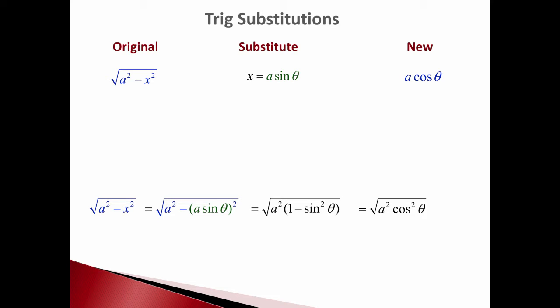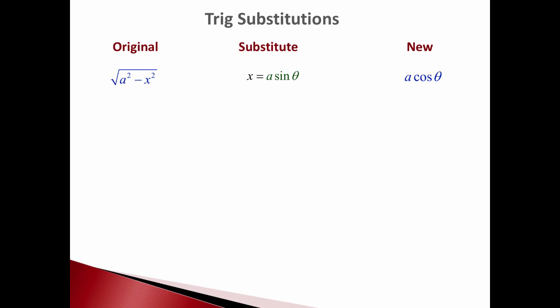So there's a couple other square roots that we can play the same game with. Suppose that we had a square root with an x squared plus a squared underneath. Well, then if we substitute x equals a tangent theta, then the same kind of trigonomagic happens, and we can use the identity that says that 1 plus tangent squared is secant squared, and that whole square root, just like the last one did, will turn into just a trig function, in this case, a secant theta.